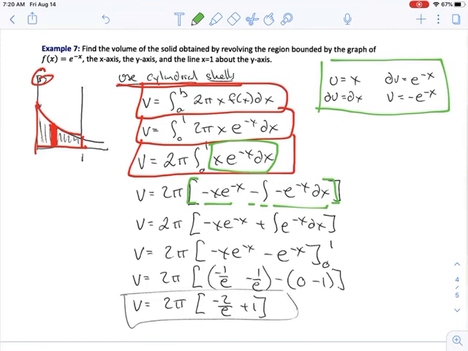Simplifying that a little bit, all we have is double negative to get rid of to make that a plus. And so now we can integrate e to the negative x. We know we did it up there, so we don't have to do integration by parts again. Don't forget to distribute the 2 pi through everything.